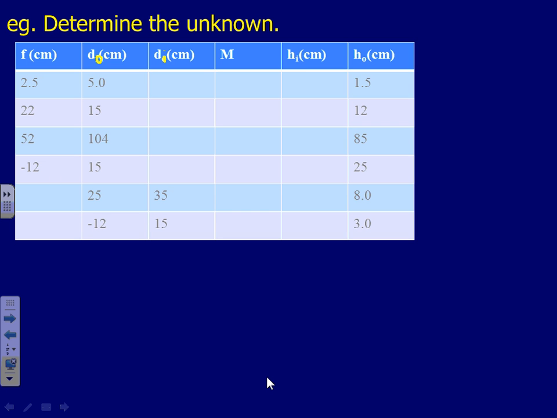All I did was I changed this DI in the second column to become DO. And I changed this DO in the second column to become DI. And that's the only change I've made.